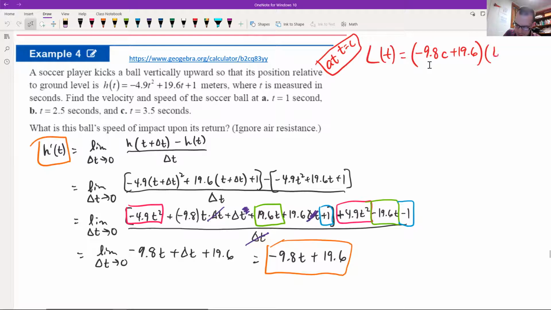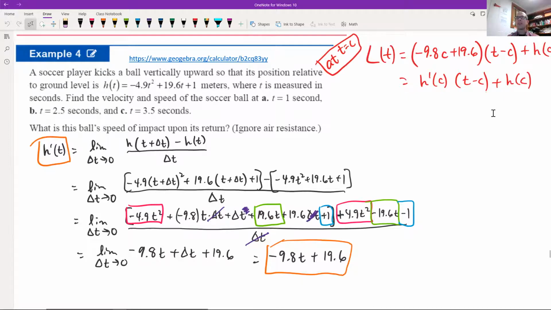Then we would have t minus whatever c value we choose, and we would add on h of c here. And actually, I'm reminded that we could have just abbreviated this as h prime of c, t minus c, and h of c.